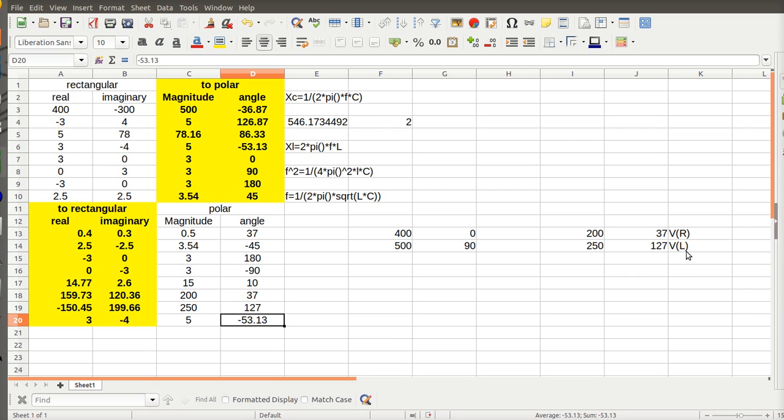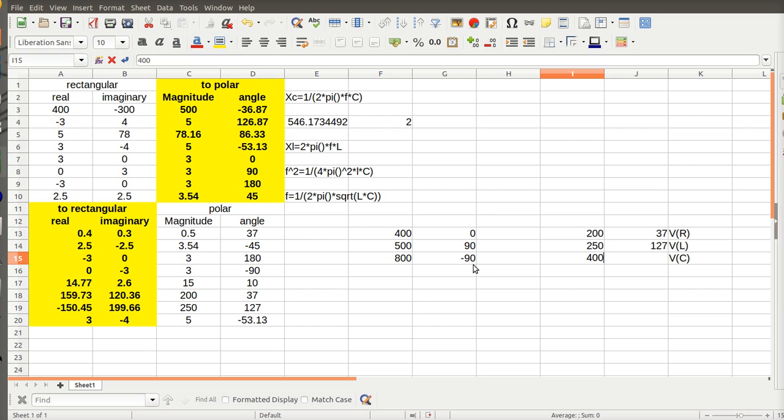And so the last one will be my VC. My VC is 800 at an angle of -90. So if I multiply that times a half an amp at 37, I'm going to wind up with a magnitude of 400.